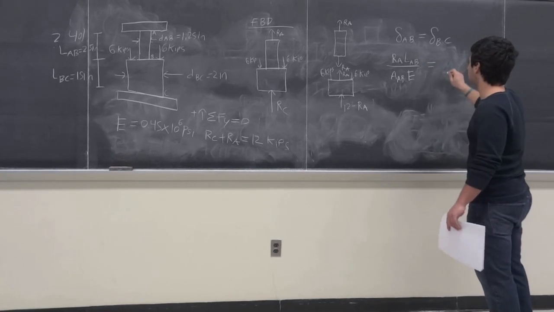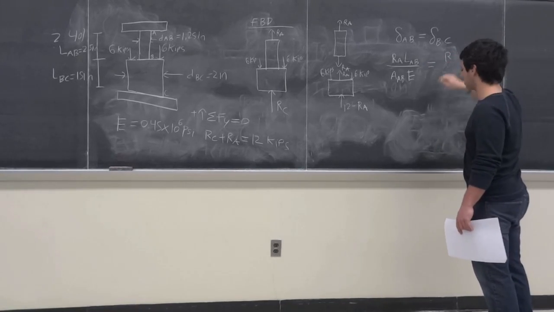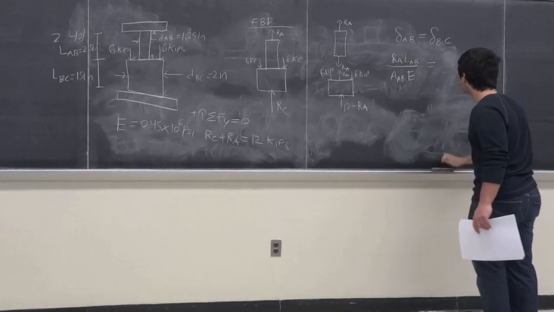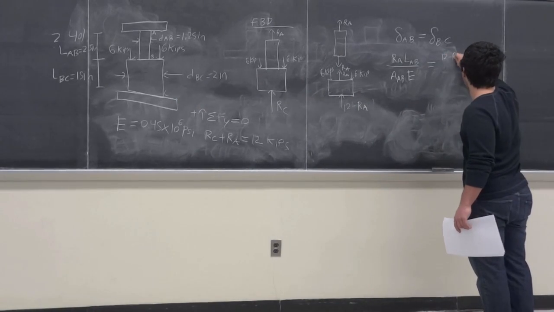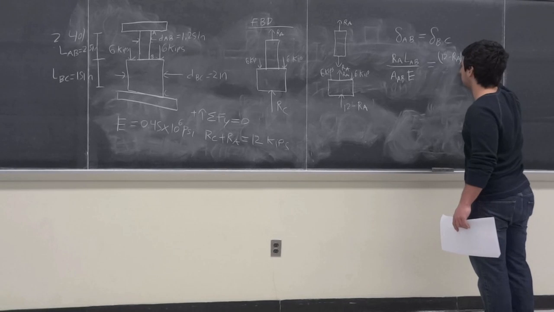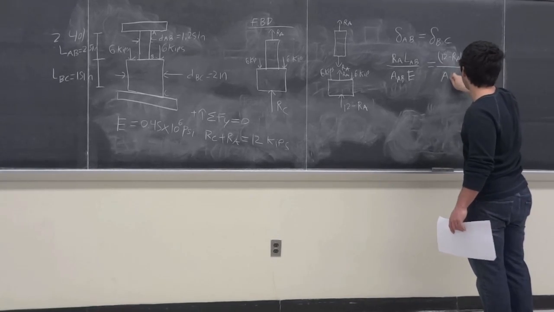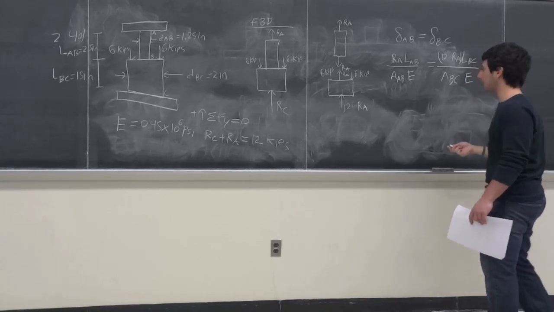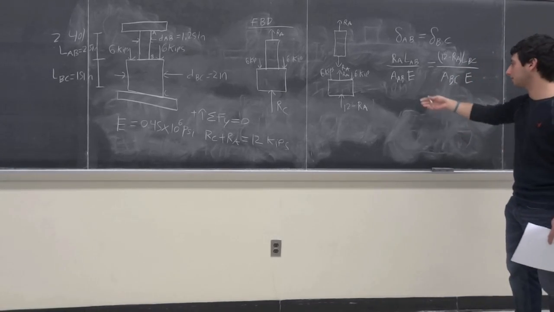So this is equal to 12 minus RA, right? That's a force, and LBC over ABC times E. All right, so E is the same throughout the material, so they're going to cancel.